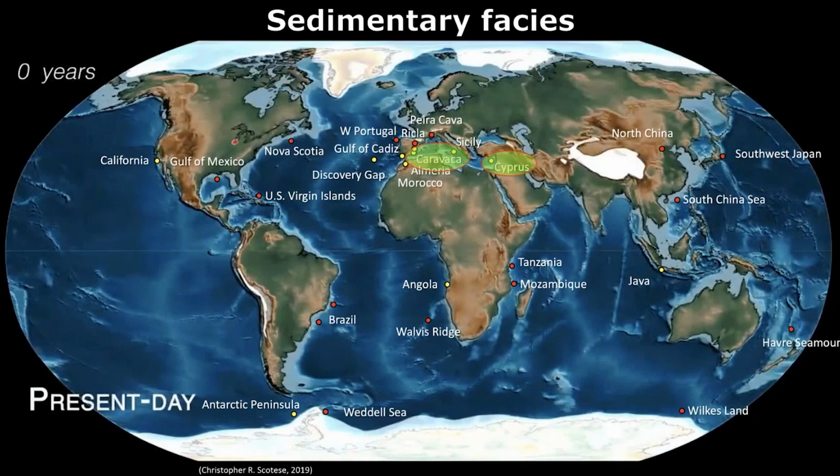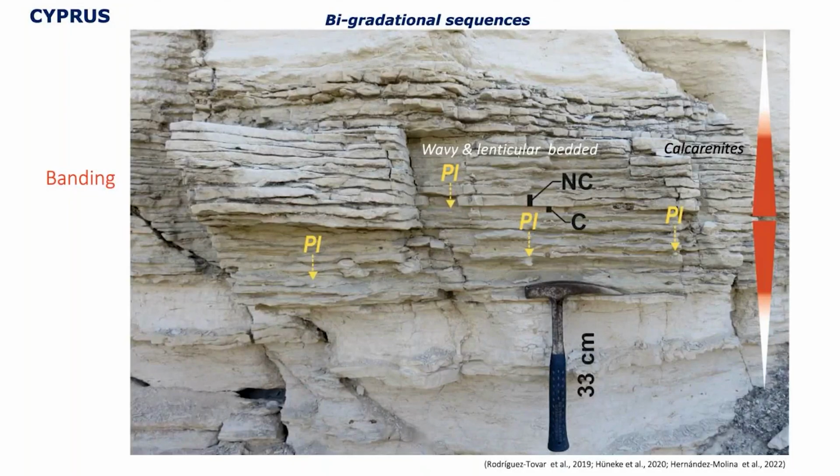I selected two to show you very quickly. One is from Cyprus, where we have been working for years. And here you have an example from the field, from an outcrop. This is middle Miocene in age, of these bigradational sequences.